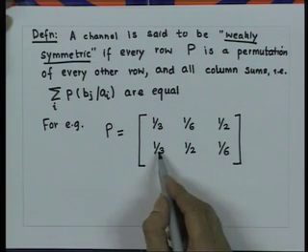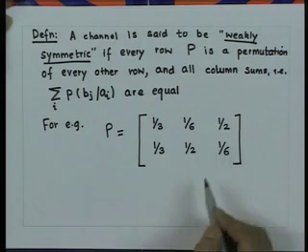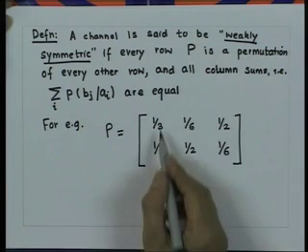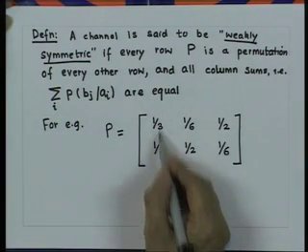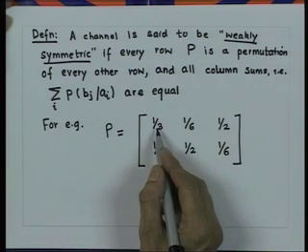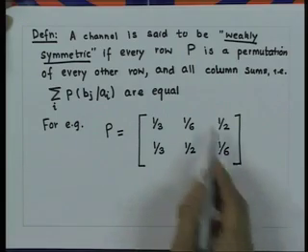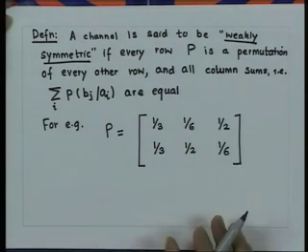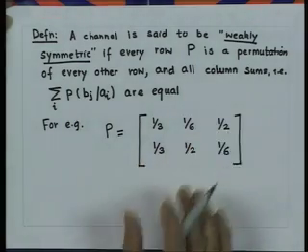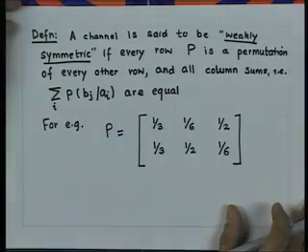In this channel, both the rows are permutations of each other and the sum of each column is equal to 2/3 for j equal to 1, 2 and 3. This channel is weakly symmetric, but not symmetric. Let us calculate the capacity for a weakly symmetric channel.